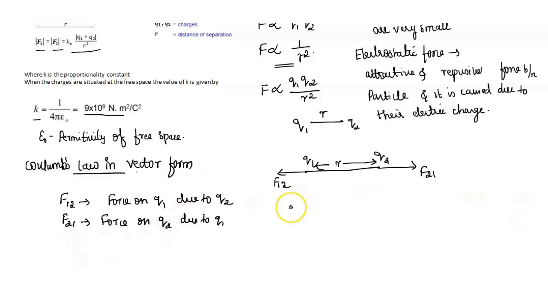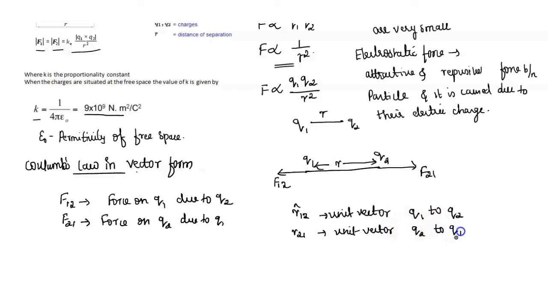Then suppose R12 is the unit vector pointing from Q1 to Q2 and R21 is the unit vector pointing from Q2 to Q1.